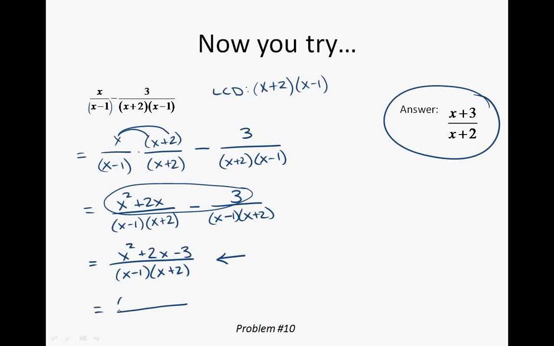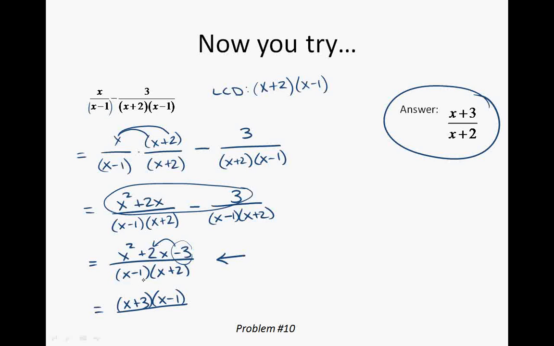It factors into x plus 3 times x minus 1 because positive 3 and negative 1 are factors of negative 3, and positive 3 minus 1 has a sum of positive 2.